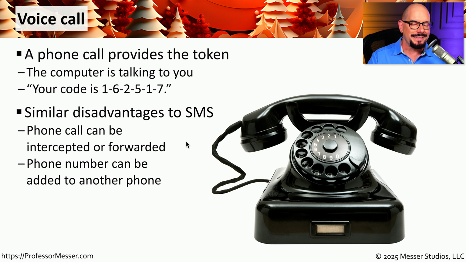Obviously, the phone call itself can be redirected. Someone can easily forward your phone to a different number, and now all of your phone calls go to a third-party telephone. This phone number, of course, can also be added to another phone, so instead of you receiving this phone call, the phone call instead goes to the attacker, and they now have the token required to log in.